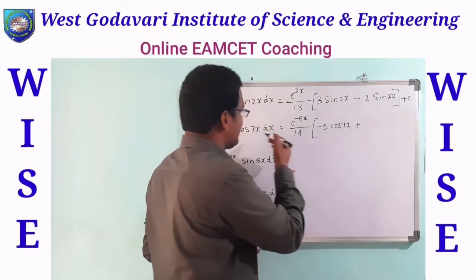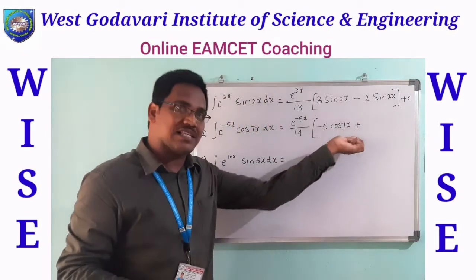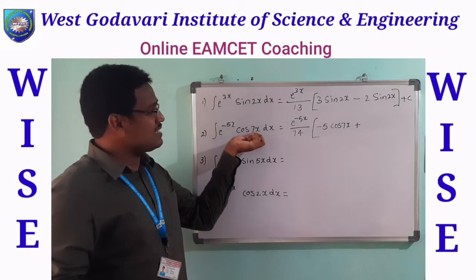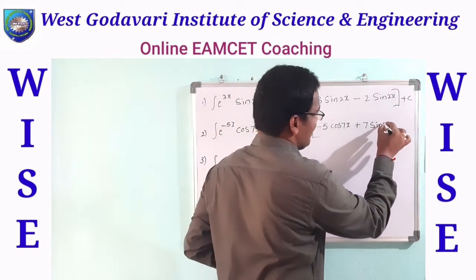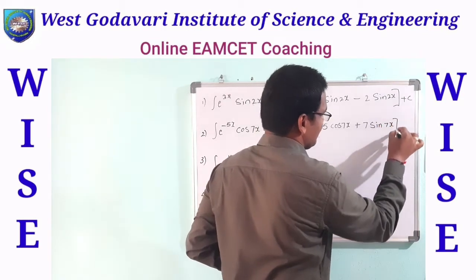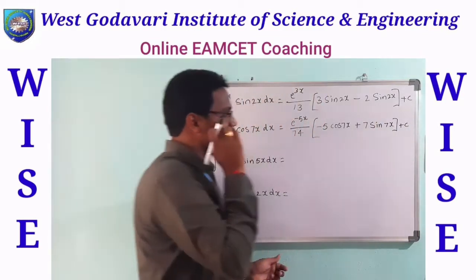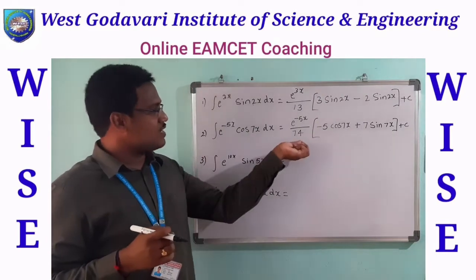Plus, because whenever cos occurs in the integration, it becomes plus. So n sin nx, that is 7 sin 7x, plus c. So this is the answer for this question.